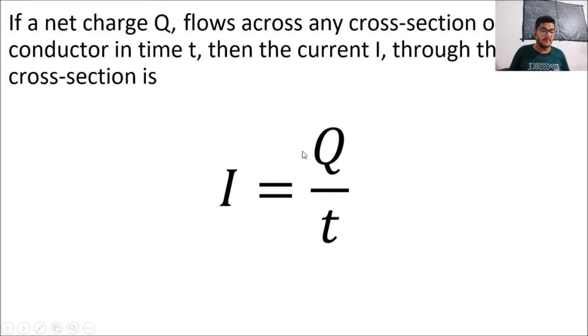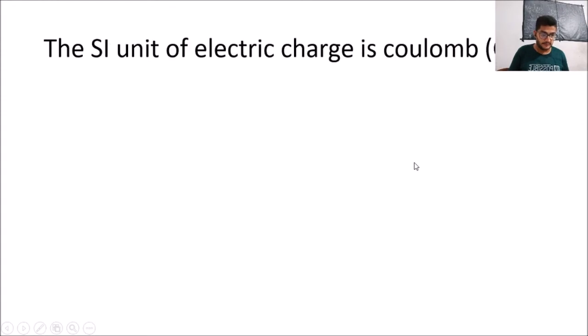So charge per unit time is the current I. The SI unit of electric charge Q is the coulomb, denoted by C. It is as simple as that.